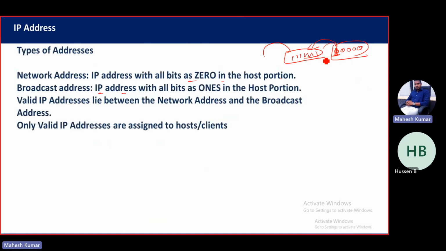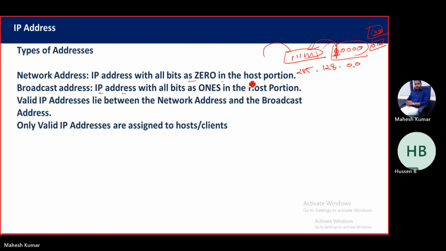So this will be 255, dot, then the first is 128, then dot, and the rest will be 0, dot, 0, dot, 0.